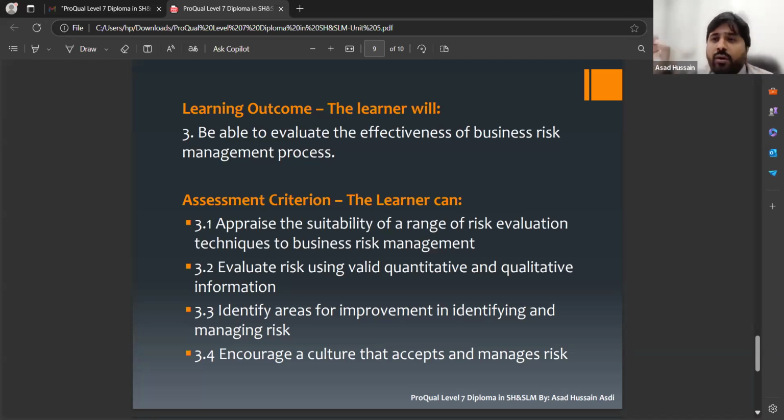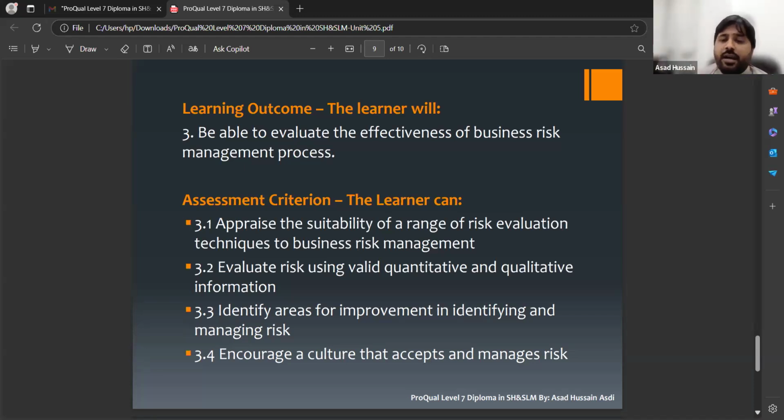It is not even your role, it's top management's role to encourage a culture that accepts and manages risk, like they are promoting a culture that is not focusing only on production, services, creating revenues or getting profits.